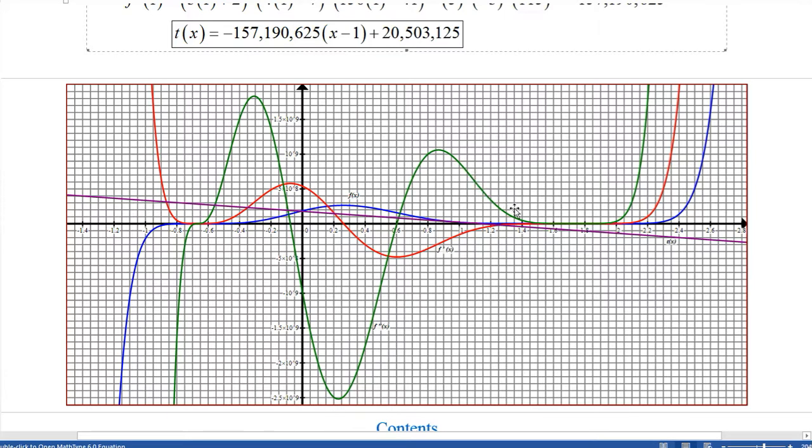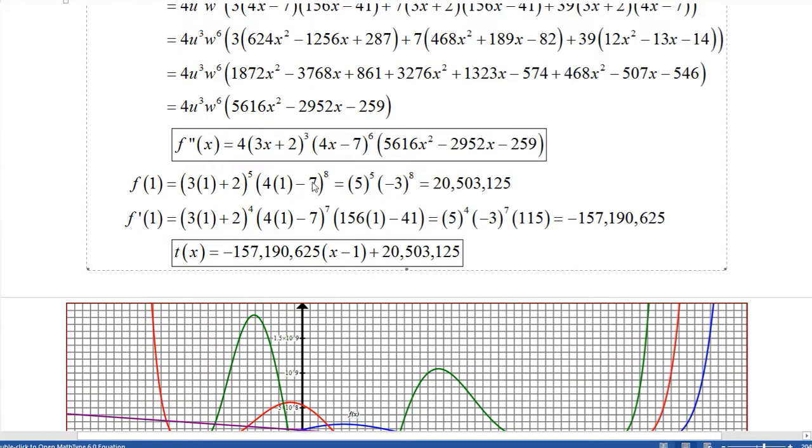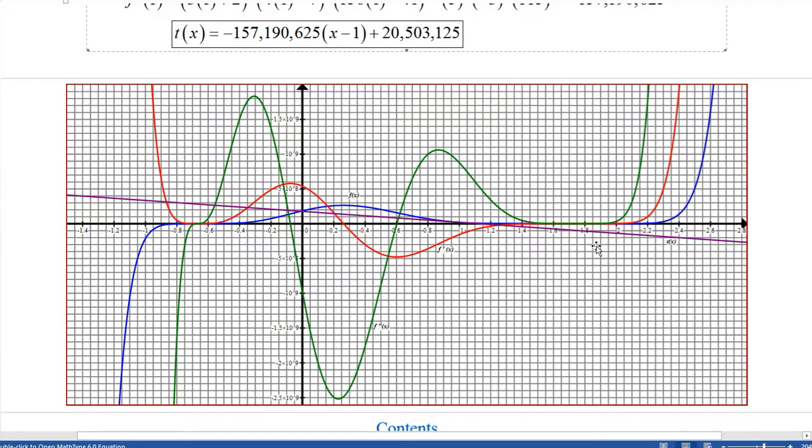Notice that the second derivative is positive all the way through here, and the first derivative is negative all the way through here. So that means for this whole piece, the original function is decreasing, concave up, and they all touch the x-axis at x equals 7/4, and that's right in here, actually right there. And the original function has a minimum there.